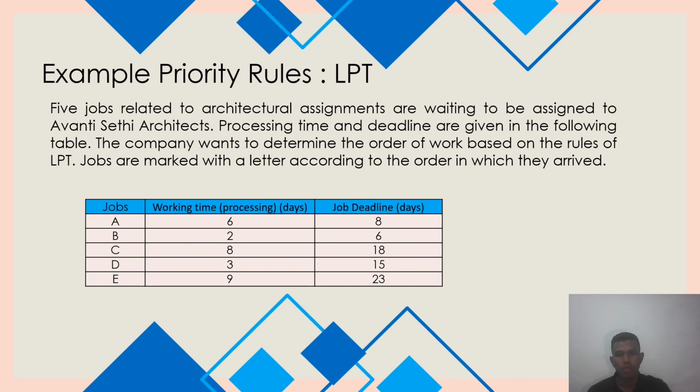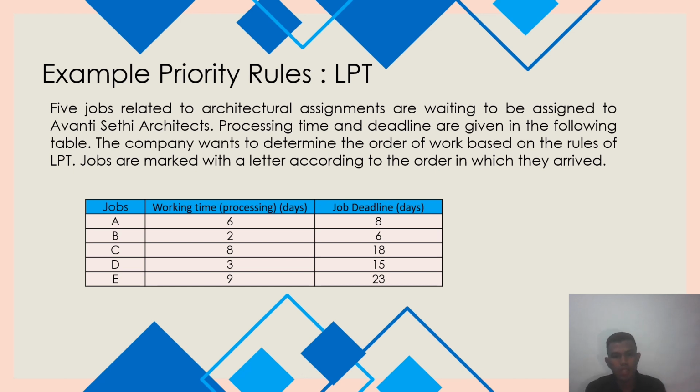The firm wants to determine the sequence of processing according to the LPT rule. Jobs were assigned later in the order they arrived. Today is day 1 and work begins today. In this table, there are five different jobs, namely jobs A, B, C, D, and E.